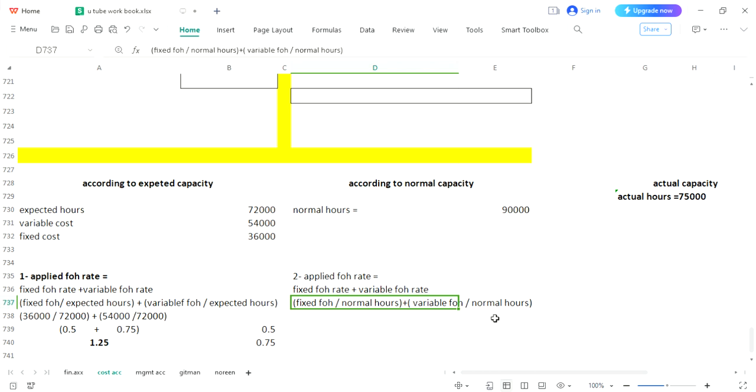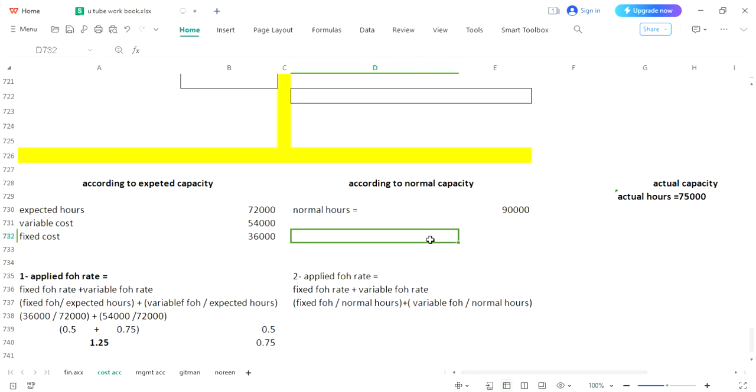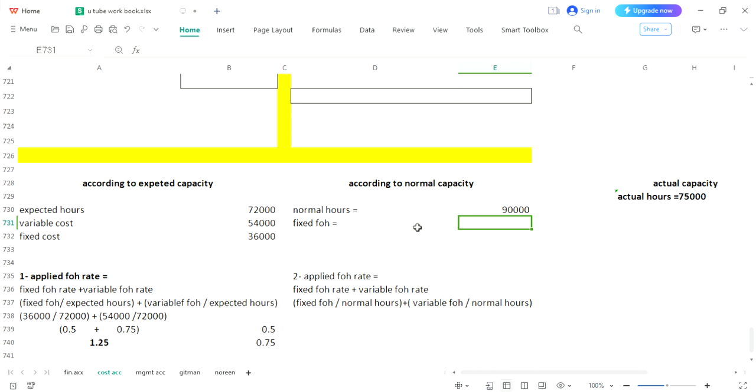Again, variable FH would be divided by normal hours. It's time to put in the amounts. Here you can see fixed FH is not written, variable FH is not written, but we have an idea. Fixed FH would always be similar. Either you are working for 72,000 hours or for 90,000 hours, your fixed FH would always be similar.